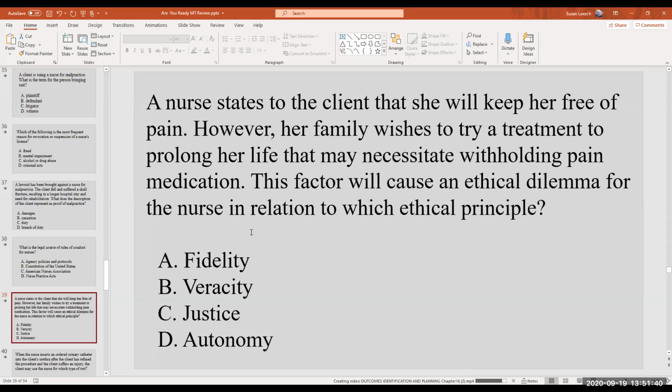To distribute the benefits, risks, and costs of nursing care justly among all. And autonomy? Giving the information and support to patients and their families to help them make a decision that's right for themselves.